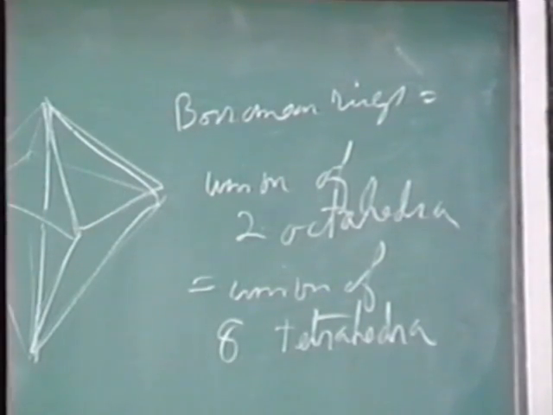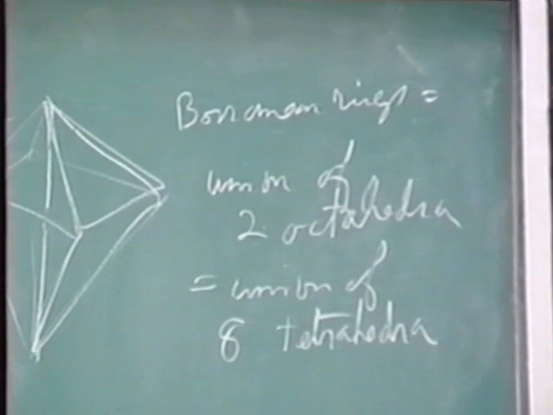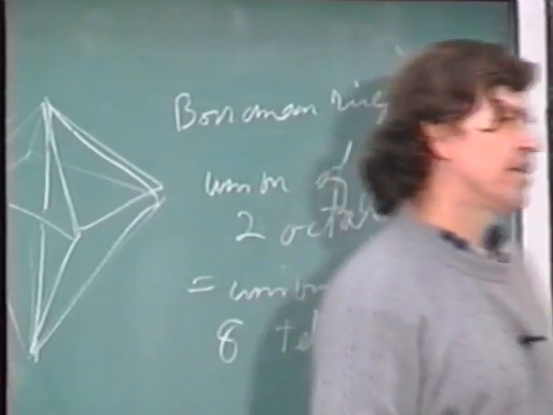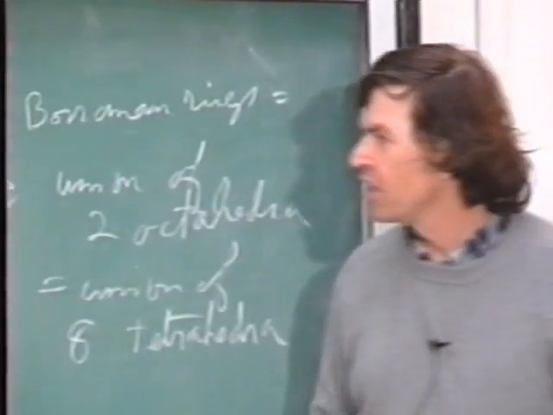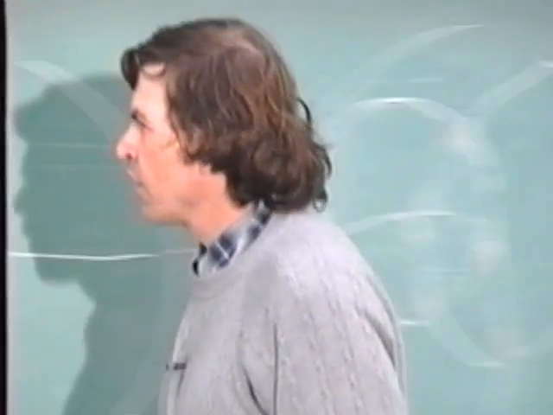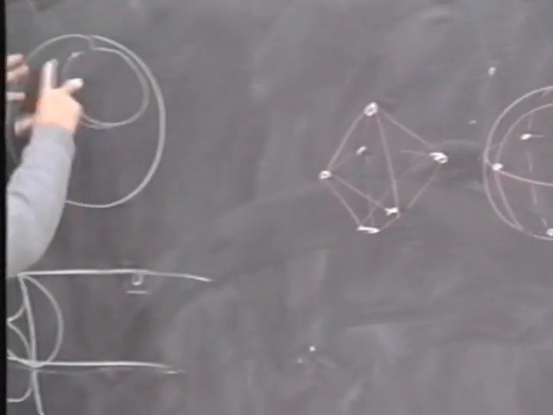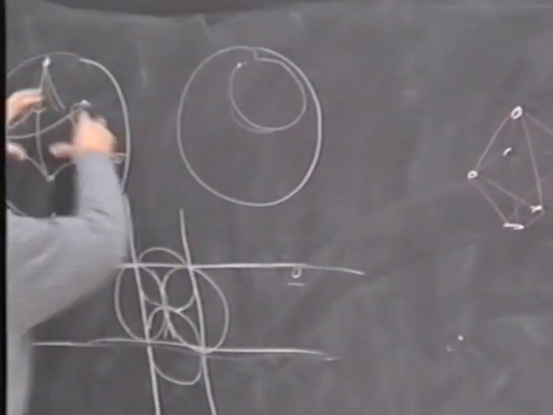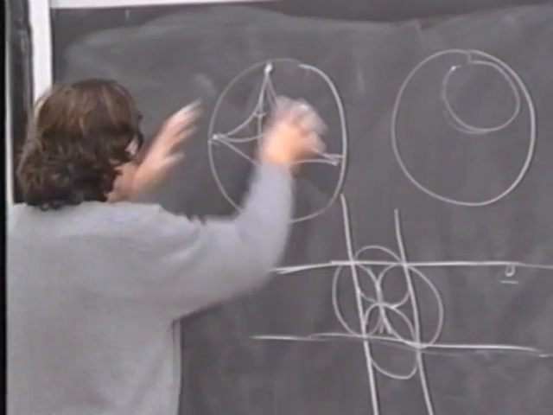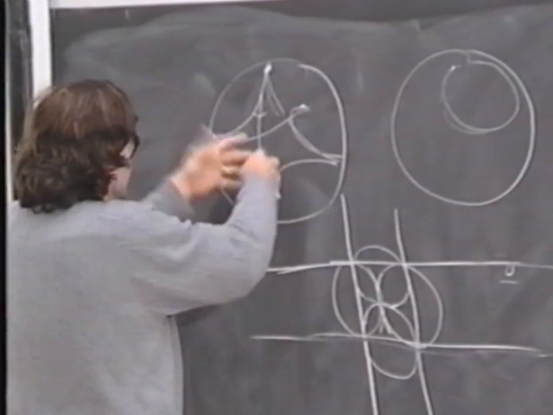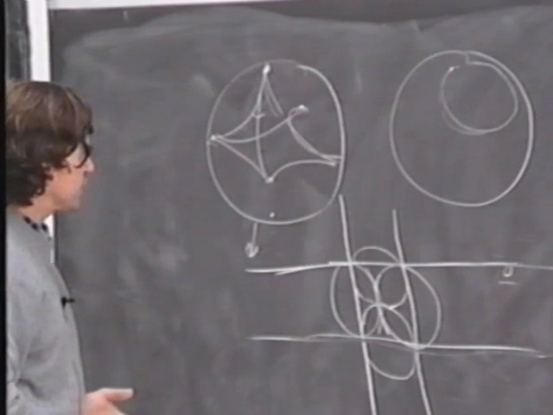Now, the shapes of tetrahedra in hyperbolic 3-space are particularly nice. Essentially, one complex number describes the shape of a tetrahedron. Namely, again, we take this hyperbolic 3-space and map the sphere at infinity to the plane by stereographic projection.